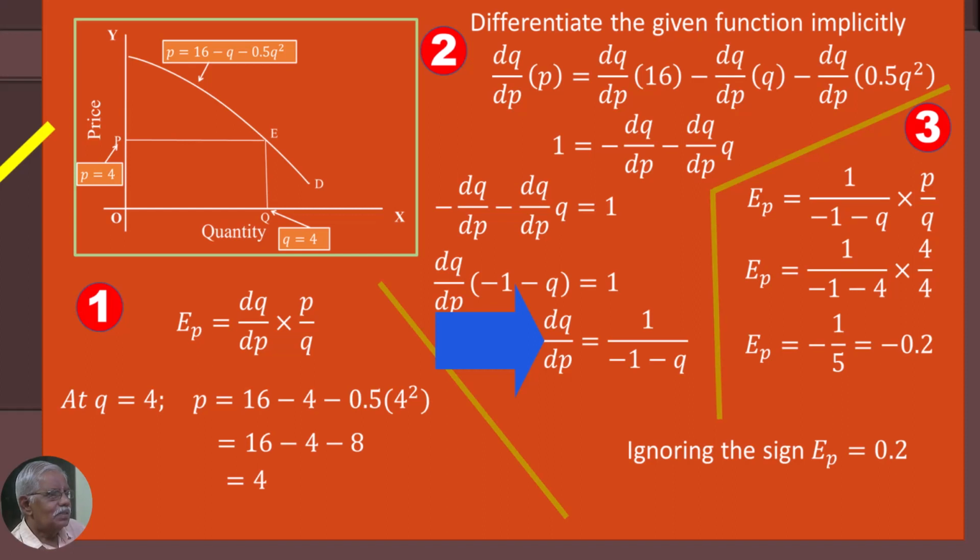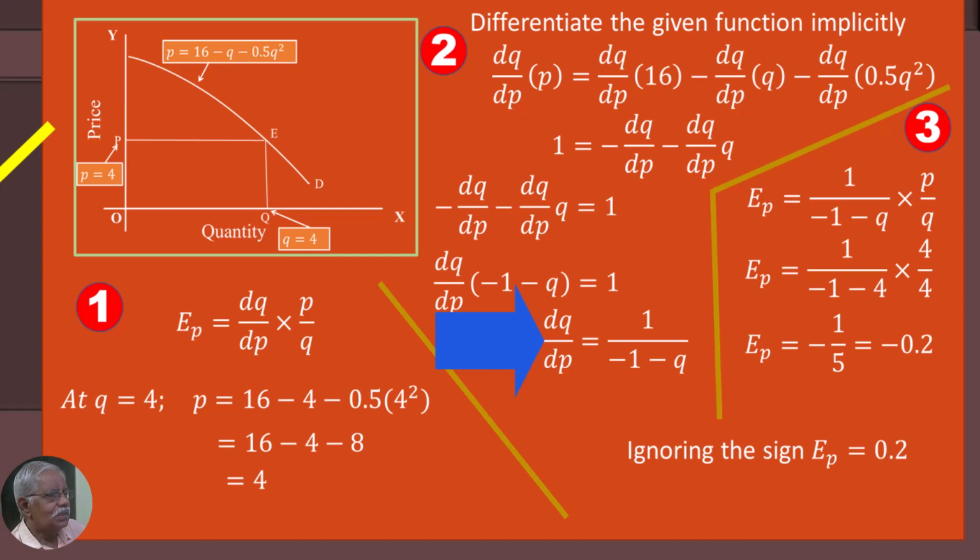Please pause the video and go through the steps slowly and try to understand. This problem also merits a full-length discussion. I will do a separate video on this and upload it very shortly. Keep visiting. Now we know the value of dq by dp.